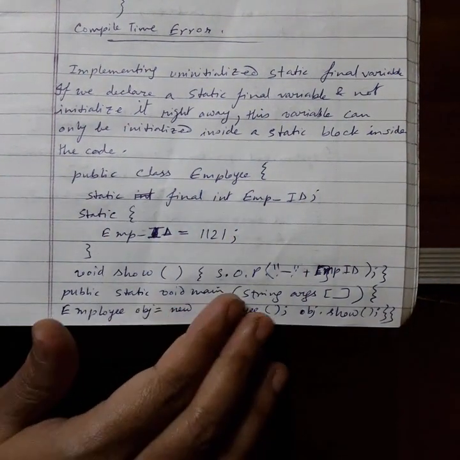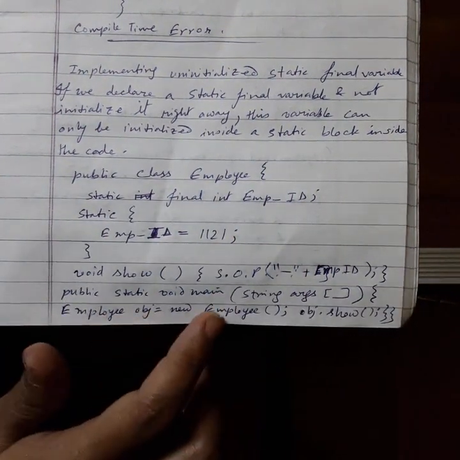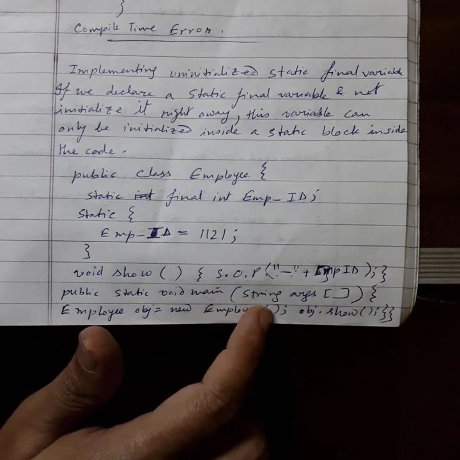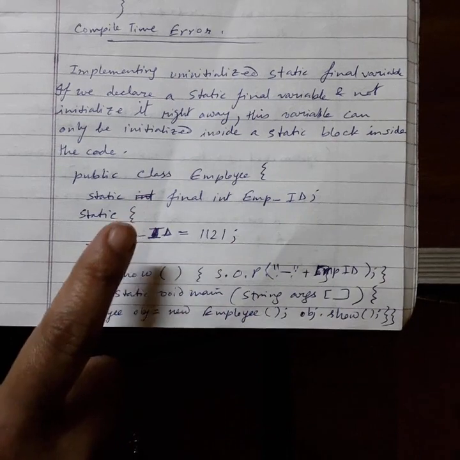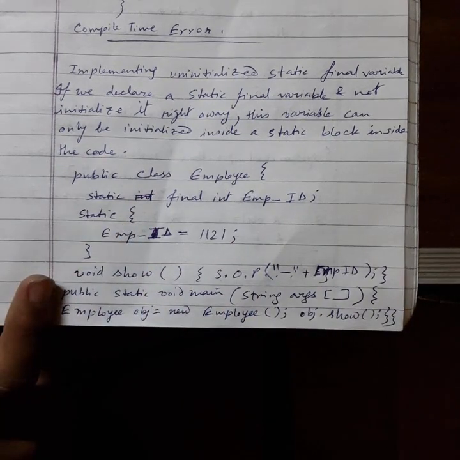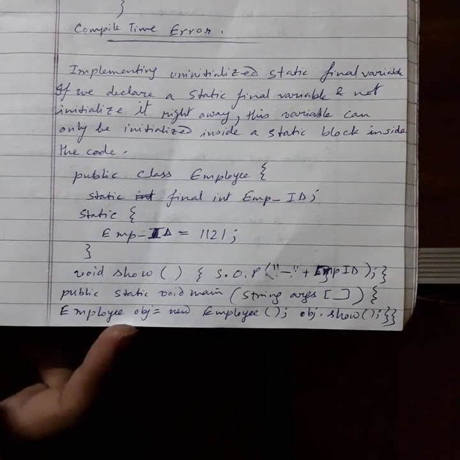We have a main method here and an object created of this class. When the object is created, the constructor is invoked, but we do not have any constructor here, so no issue.